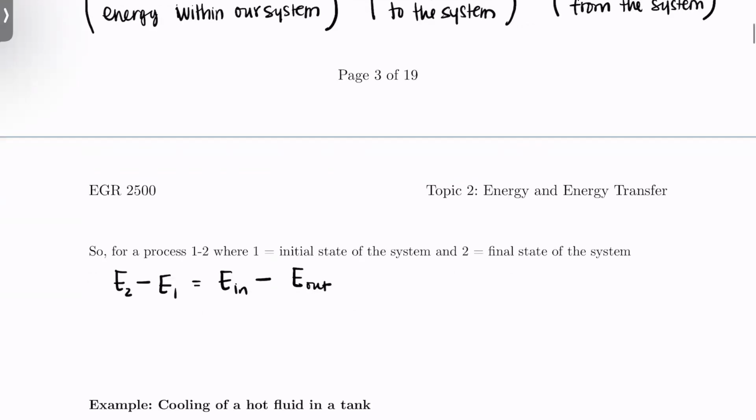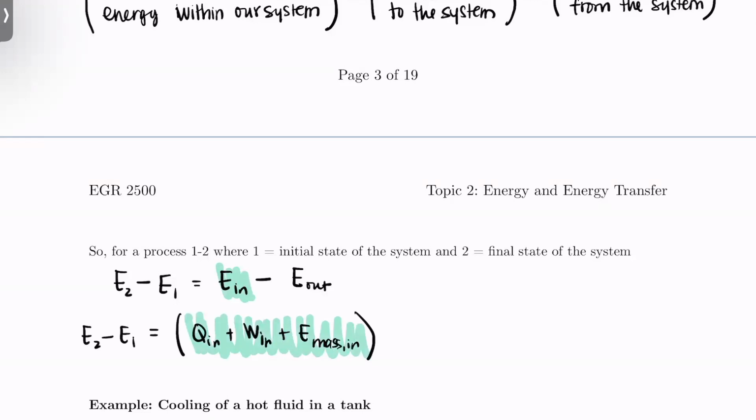All right, and we can expand this because we know there's 3 different modalities for energy transfer. So we can have E2 minus E1 is equal to Q in plus W in plus E mass in. All right, so this is E in, which we've broken down into the 3 different modalities, minus Q out plus W out plus E mass out.